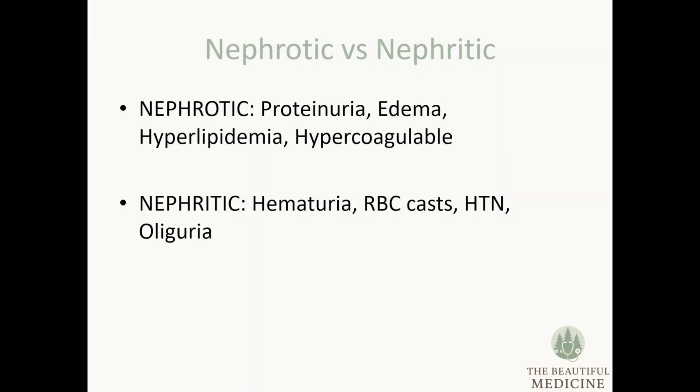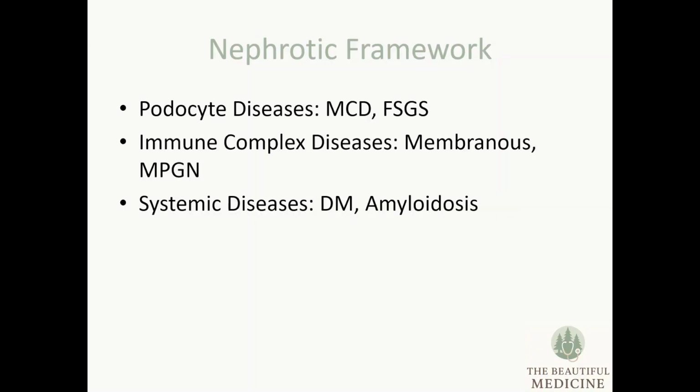So if you see blood in urine, that may be nephritic. And if you see that little kid that has edema around his eyes or in the body, think nephrotic. So the nephrotic framework: podocyte diseases, minimal change disease, focal segmental glomerulosclerosis.